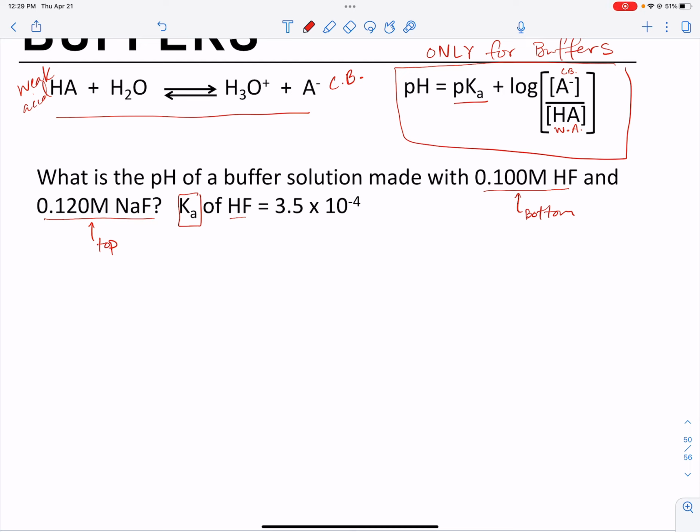And the first thing we need, now that we've decided what's our conjugate base and our weak acid, is to get the pKa. So the pKa is going to be equal to, remember P is just a mathematical function that stands for the negative log. So pKa is going to be the negative log of the Ka value, which is 3.5 times 10 to the negative 4. So when you do that, I need to grab my calculator.